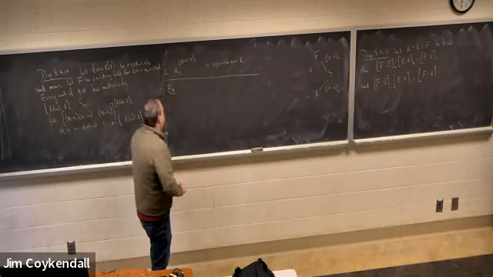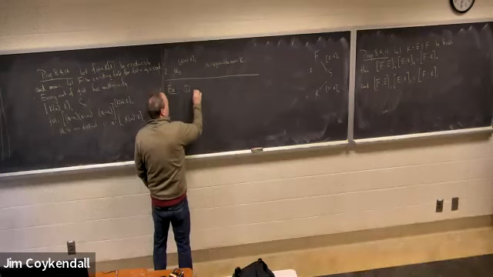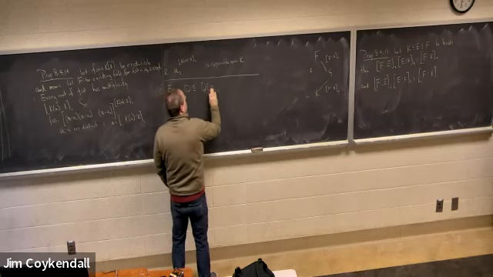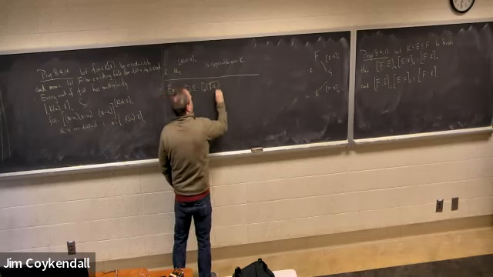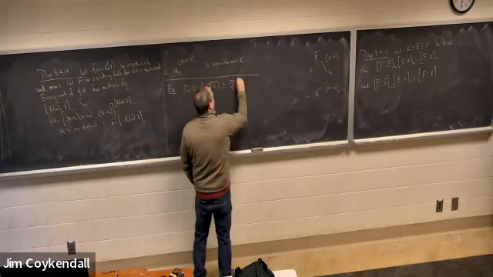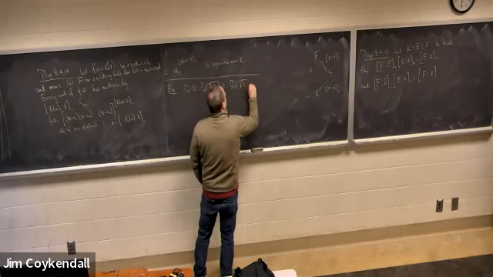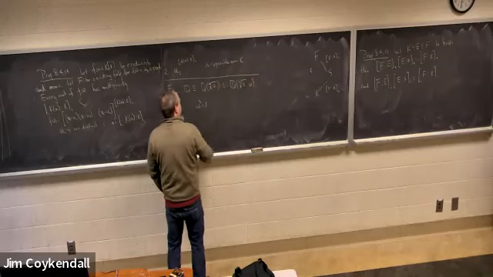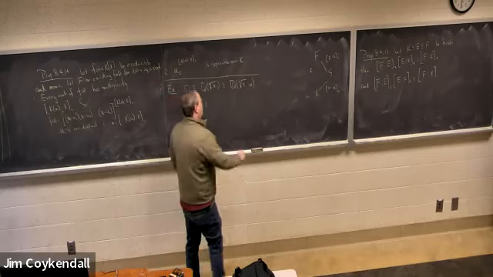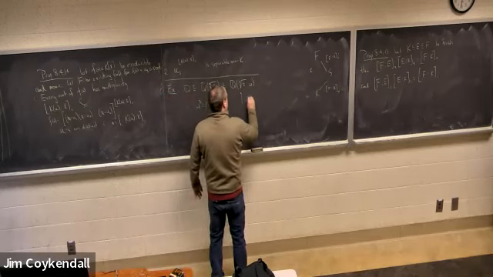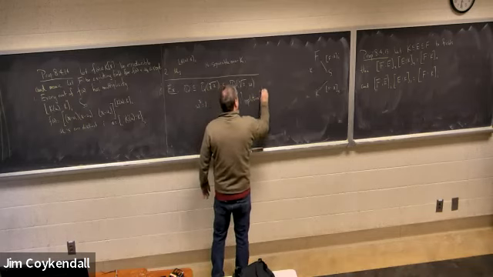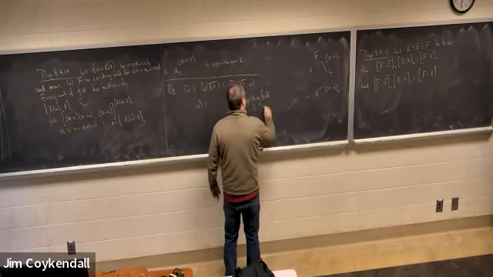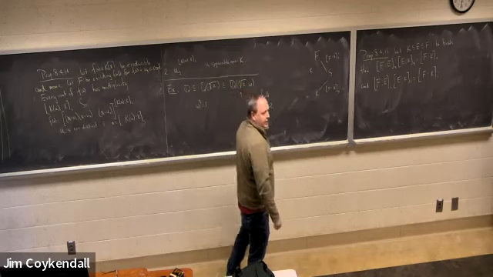One of the first examples we looked at is this extension here, and there are more intermediate fields, but so this is the splitting field of this field over Q, right?